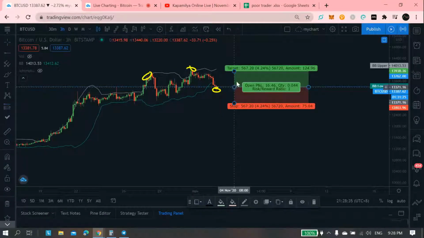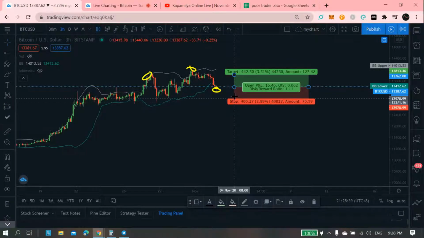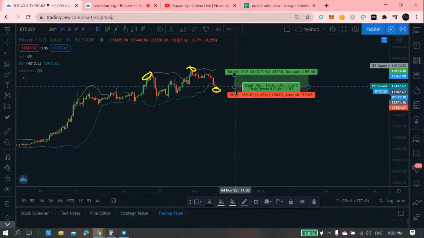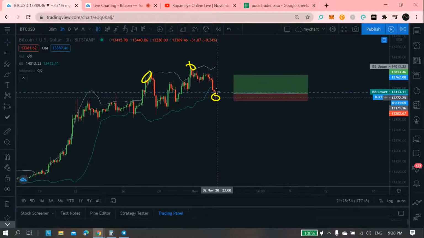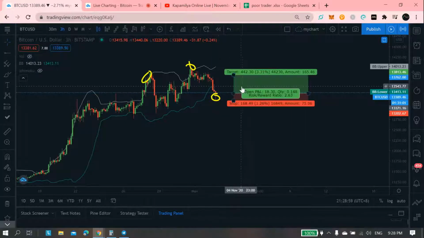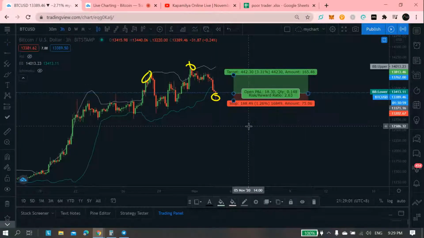If the risk reward ratio is at least 2, I'll trade the transaction, or I go long or I go short if this is the area.